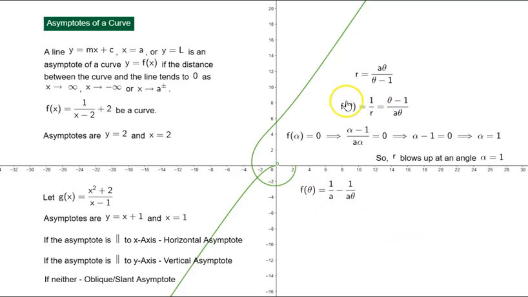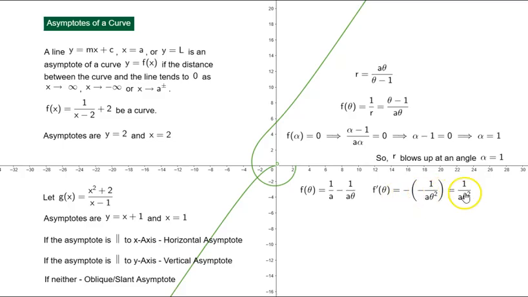Let's go back to f theta is equal to theta minus 1 by a theta, and let's break it up into theta by a theta, which gives us 1 by a minus 1 by a theta. Now let's differentiate this to get the slope. So f prime of theta is equal to 1 by a, which is a constant, minus the derivative of 1 by a theta, which is minus 1 by a theta square.